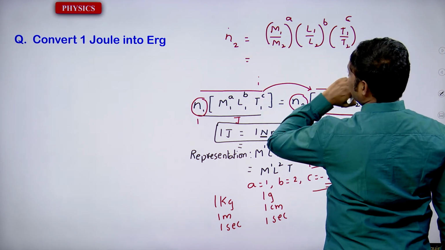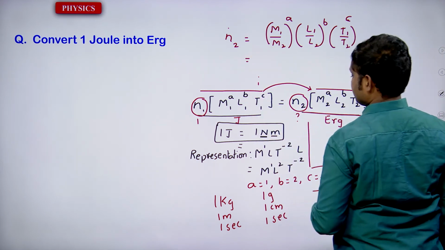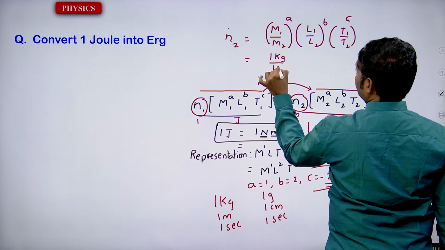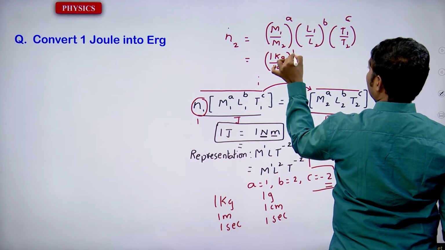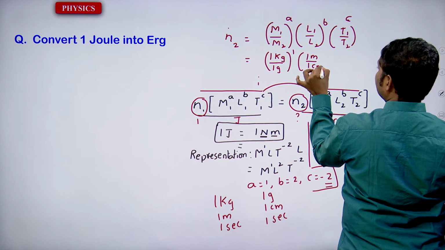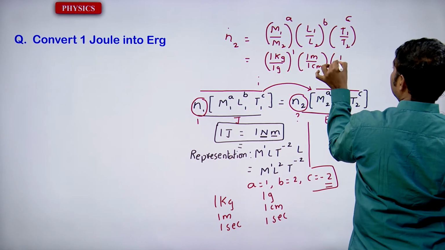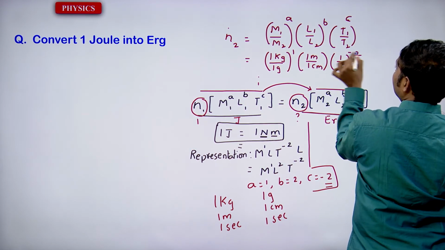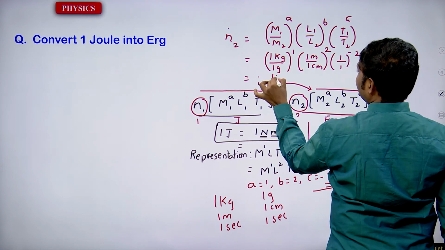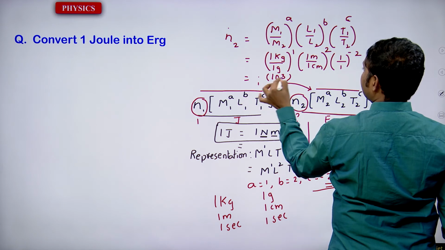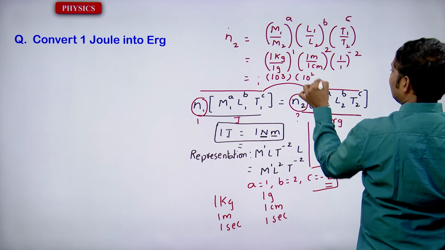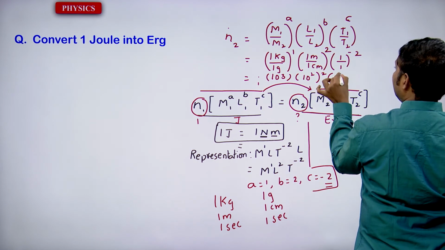Yes, if you are going to take this, 1 kg by 1 gram power 1, 1 meter by 1 centimeter, and you can take that 1 by 1, it is going to be minus 2, it is going to be 2. All right, it is very clear. You can take that 10 power 3 and 10 power 2 whole power 2 and 1 power minus 2.